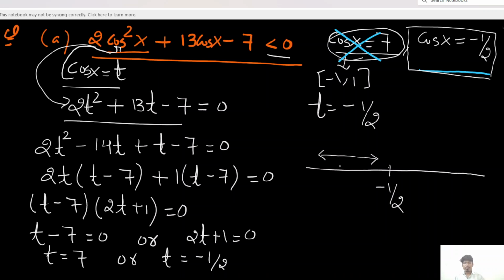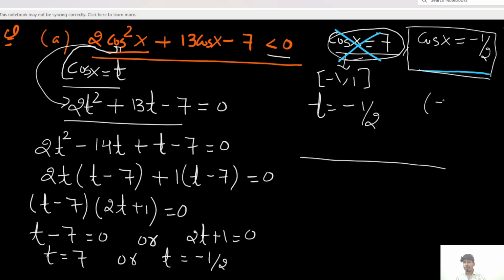Cos x is equal to what? Cos x is equal to 7 means this range is minus 1 upon 2 to 7.